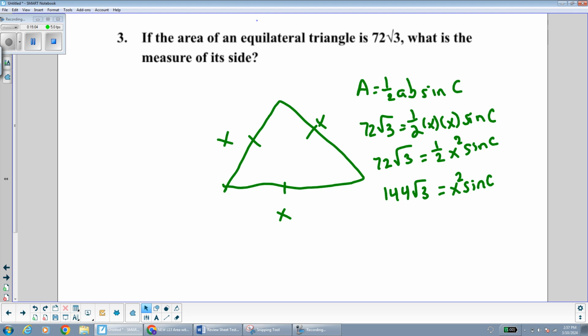Now, this is an equilateral triangle, so the angle in between the two equal sides will always be 60 degrees. So I'm going to replace that with sine of 60. Now I can divide both sides by sine of 60 so that I can get the x squared term by itself.